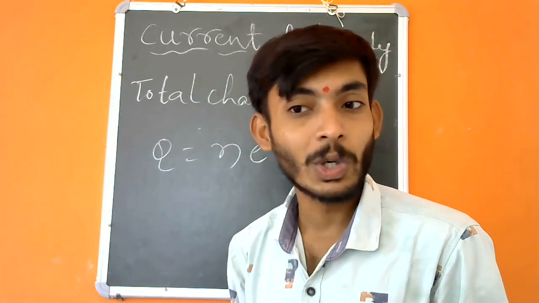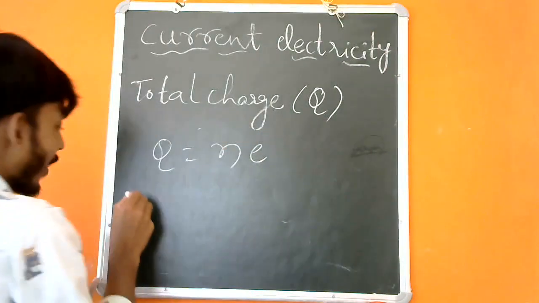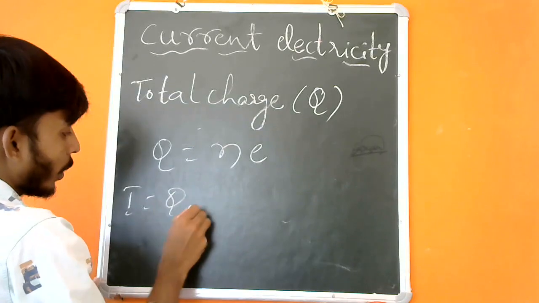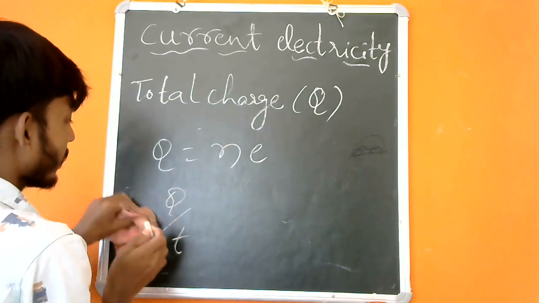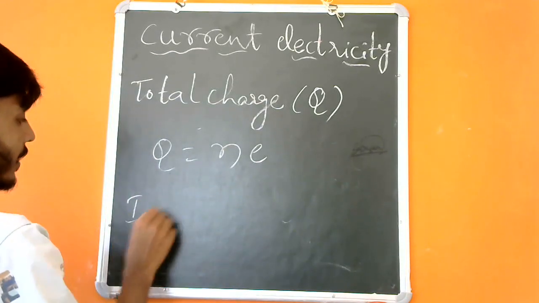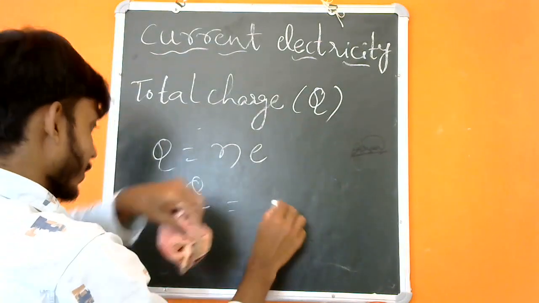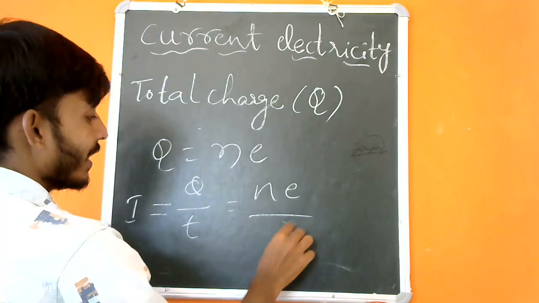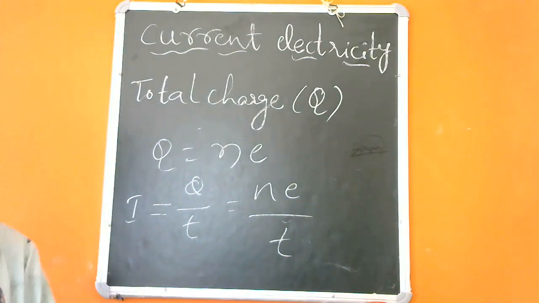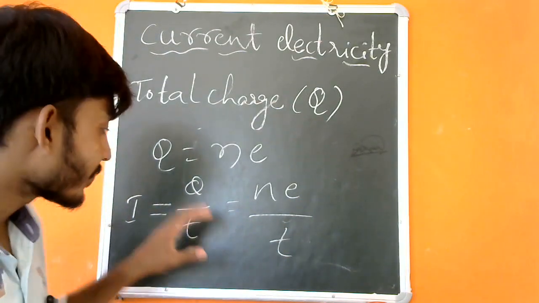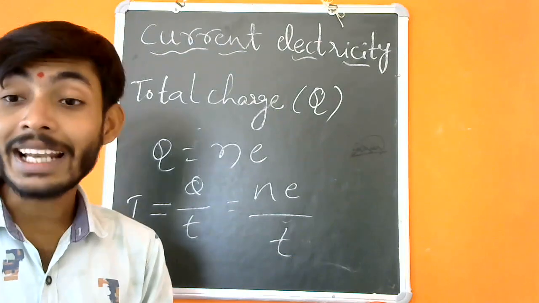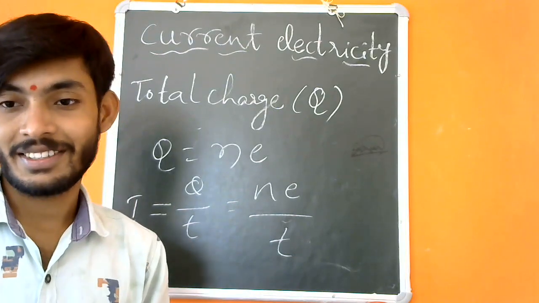The total charge, which is nothing but Q, is equal to n into e. Then we have I is equal to Q by t, where Q is n into e, divided by time. So this is the current in the conductor.